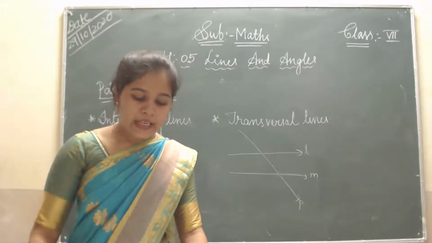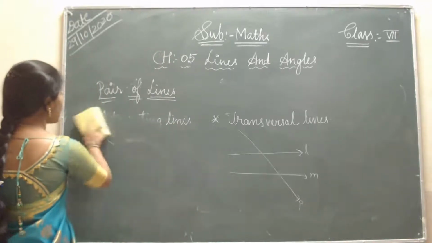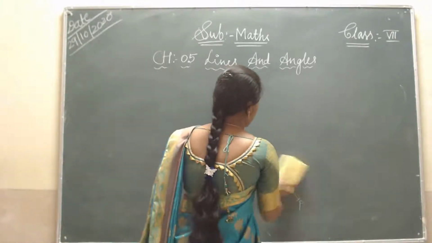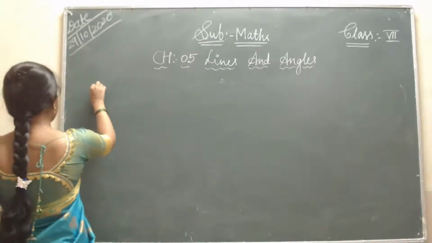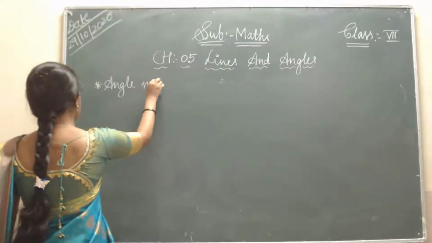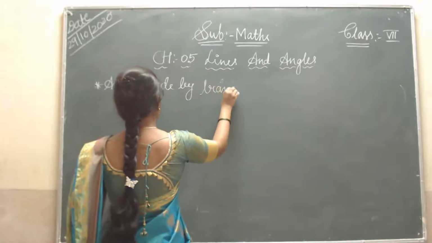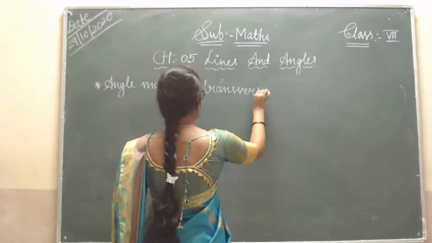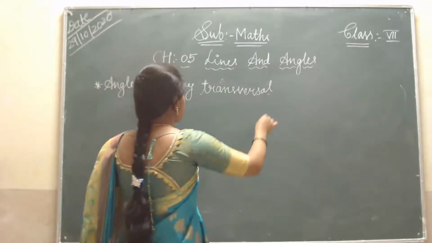Here, angles made by a transversal. Angles made by a transversal means in this there are many angles. We'll see them. First, angles made by a transversal line.